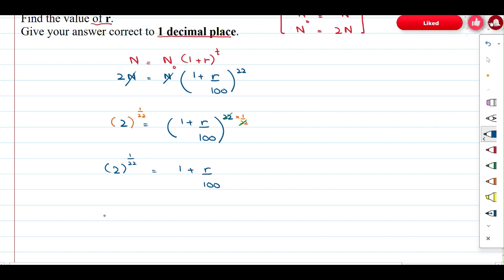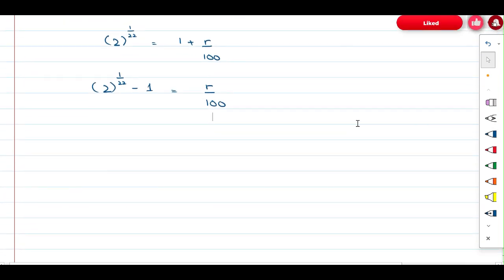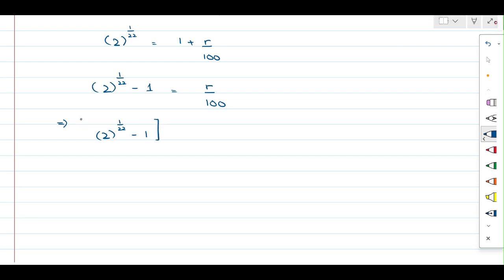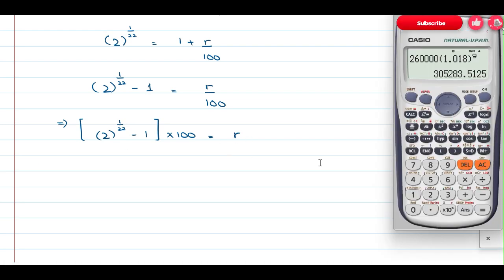Shift the 1 to the other side: 2 to the power 1 over 22, minus 1, equals r over 100. To solve for r, we multiply both sides by 100, so r equals (2 to the power 1 over 22 minus 1) times 100. Let me simplify this.